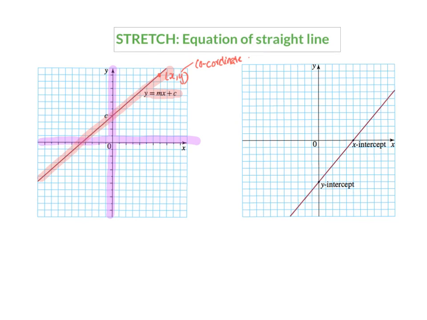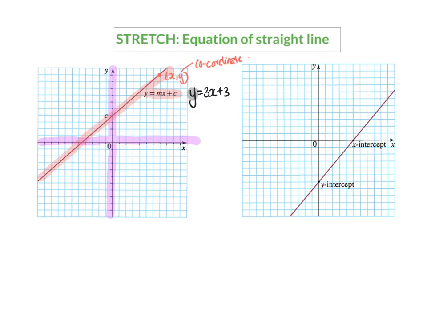You might see a rule that says y equals 3x plus 3 or something like that. That will be the formula they use to draw the straight line.